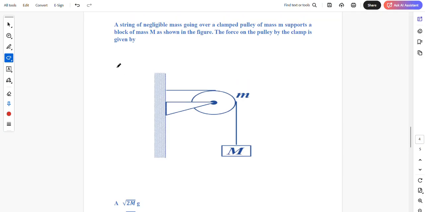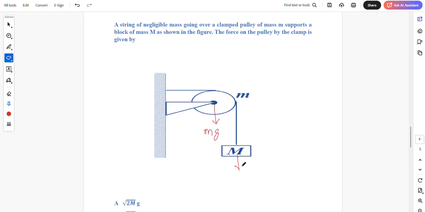It is saying a string of negligible mass going over a clamped pulley of mass small m. This is not an ideal pulley. This pulley is having mass m. Therefore, here weight will be what? Mg.